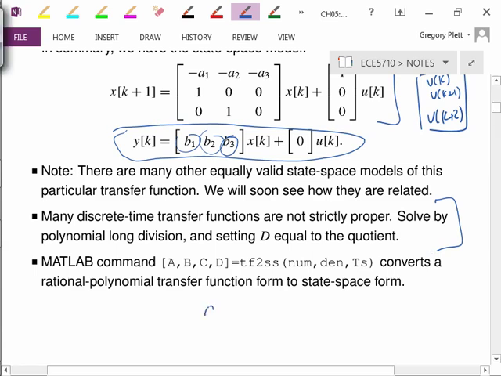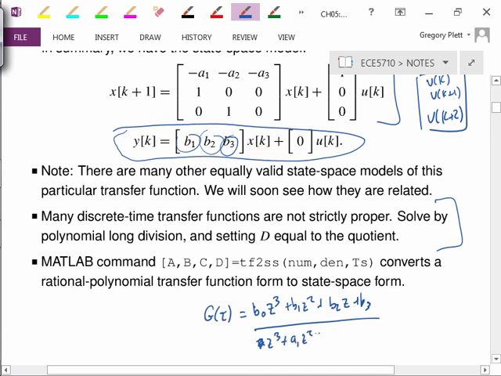So if I had g of z equals b0 z cubed plus b1 z squared plus b2 z plus b3 over z cubed plus a1 z squared plus a2 z plus a3.